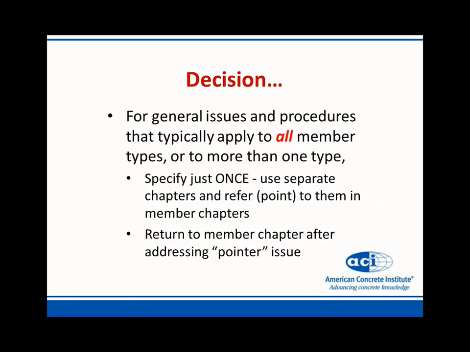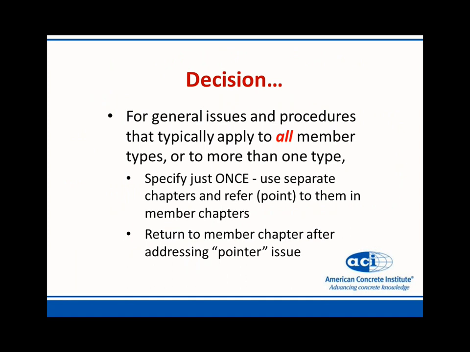The decision was easy. For the general issues and procedures that typically apply to all the member types, or to more than just one type, we're just going to specify it once. We'll use a separate chapter and point to those requirements within the member chapters.